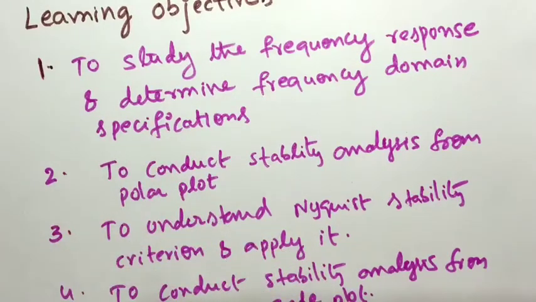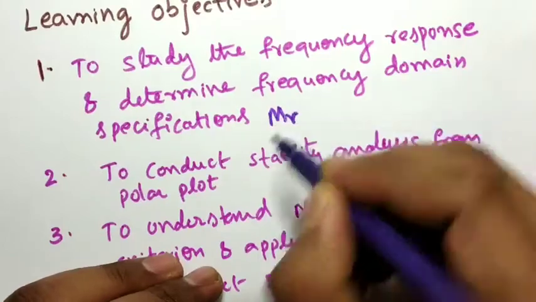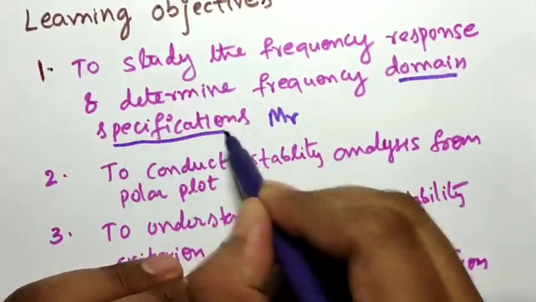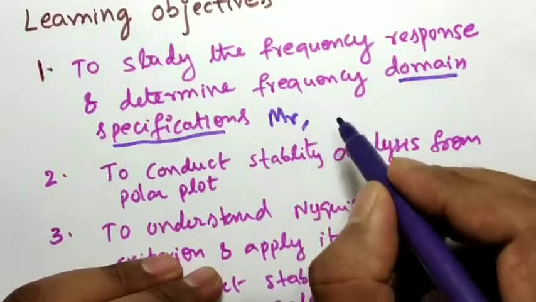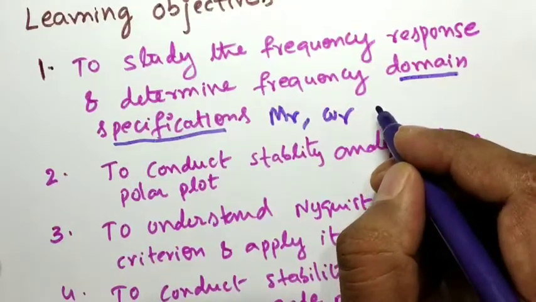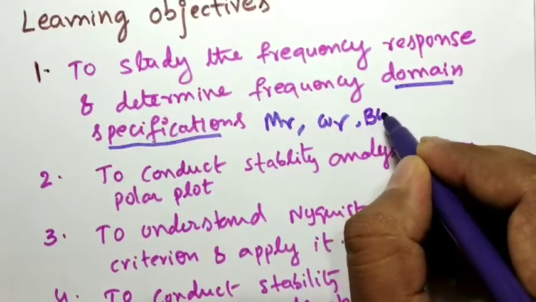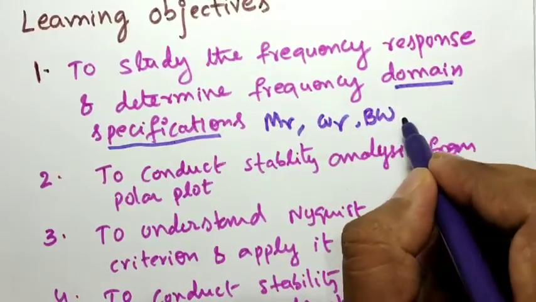The frequency domain specifications are resonant peak, and another one is resonant frequency, and another one is bandwidth and cutoff rate.